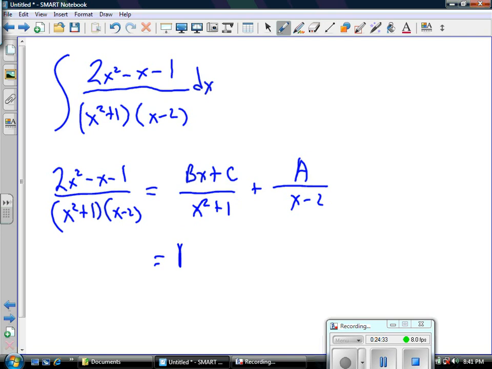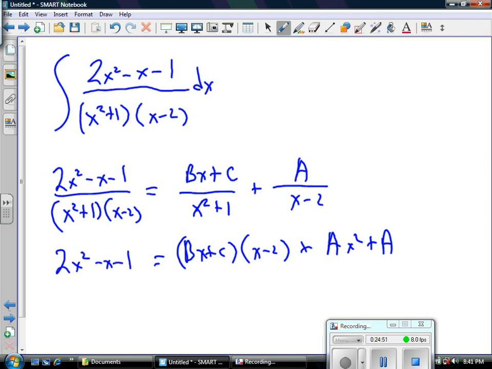It's going to be bx plus c times x minus 2, plus ax squared plus a. I really need to FOIL this out, right? You get how many x squareds?